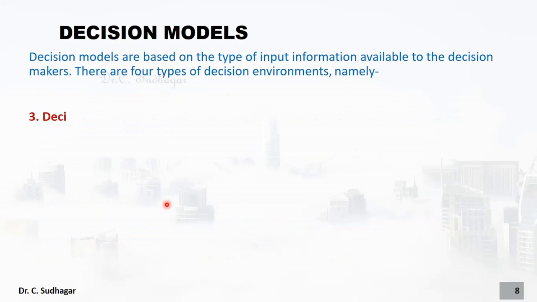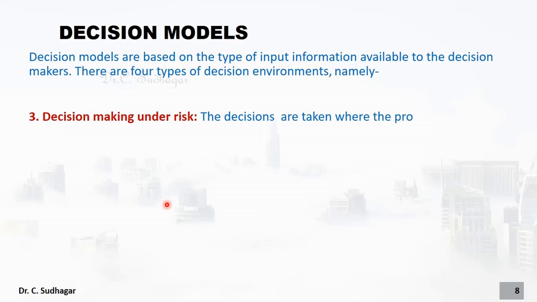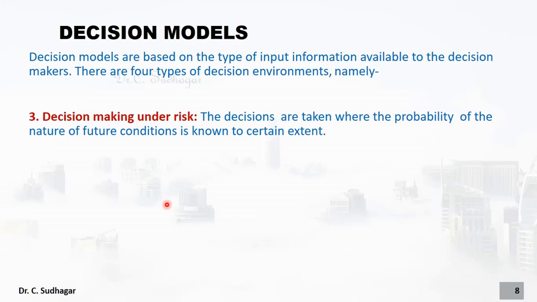Then decision making under risk. The decisions are taken when the knowledge of the future is not known but the probability of nature is known to a certain extent. It's not exactly known but it's possible for us to know certain probabilities based on past data. Such types of business come under decision making under risk.